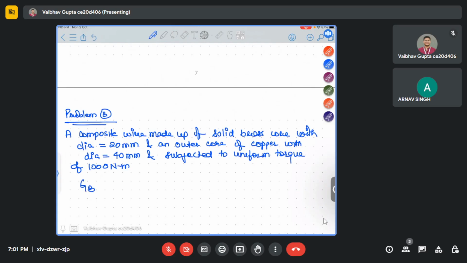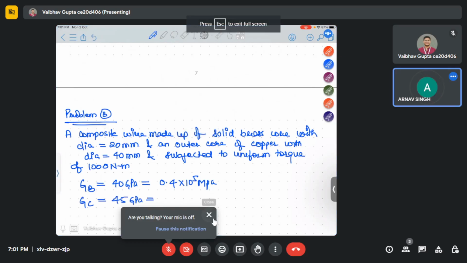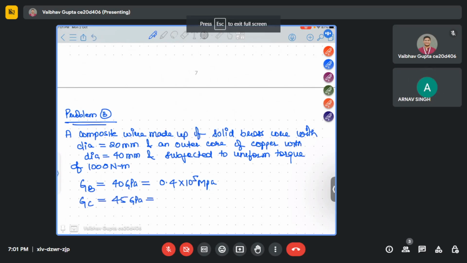Shear modulus of brass is given to us as 40 GPa, which is equal to 0.4 into 10 to the power 5 MPa, because we'll work in Newton and mm. Shear modulus of copper is given as 0.45 GPa, which is nothing equivalent to 0.45 into 10 to the power 5 MPa. Okay.